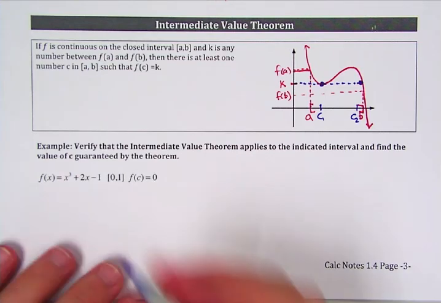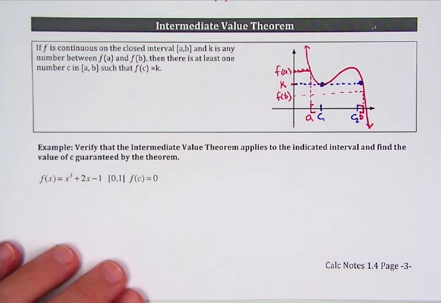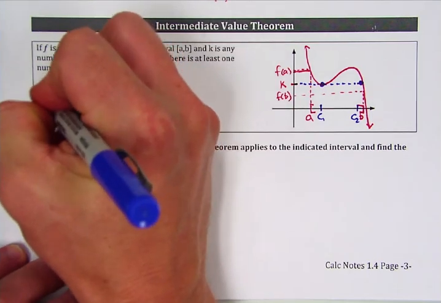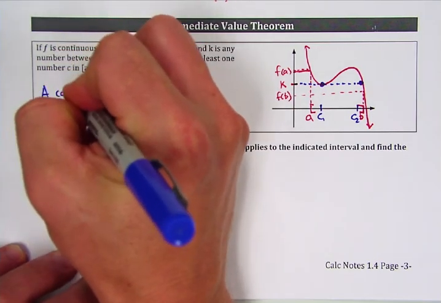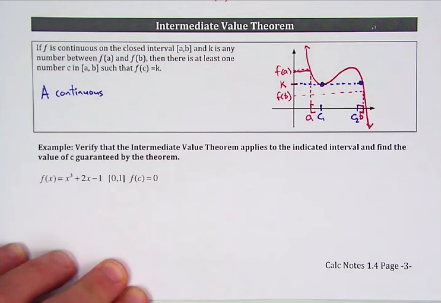So what this is really saying is a continuous function will take on all values between f of a and f of b. And that's good enough to write down there.